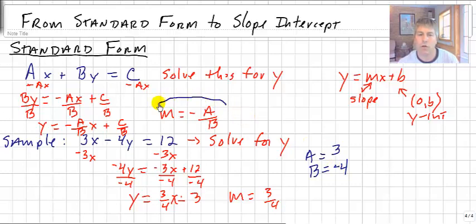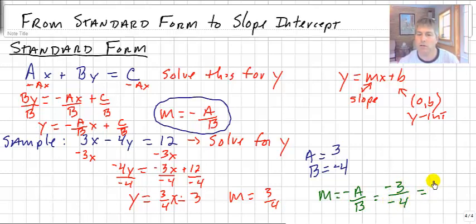Well, if slope is the opposite of a over b, if we're in standard form, the opposite of a is negative 3, and b is negative 4. So our slope, negative a over b, is the opposite of 3 over negative 4, which is 3/4.